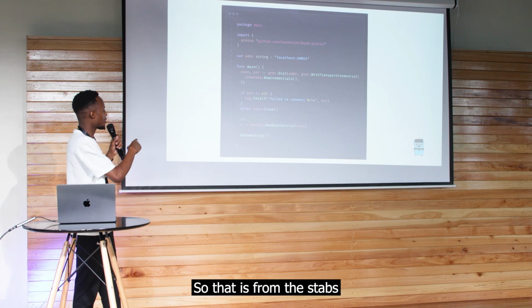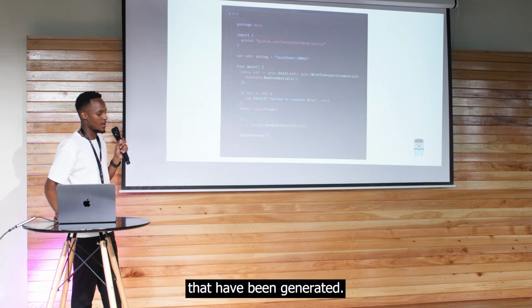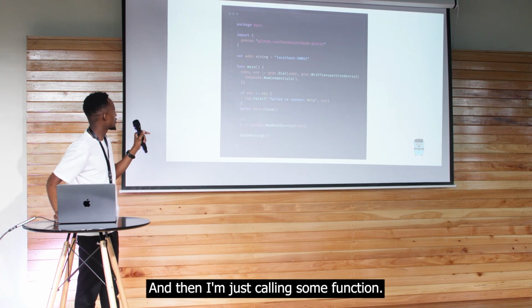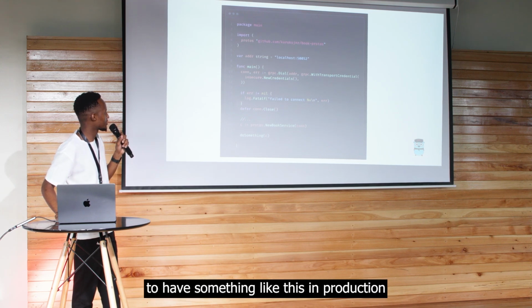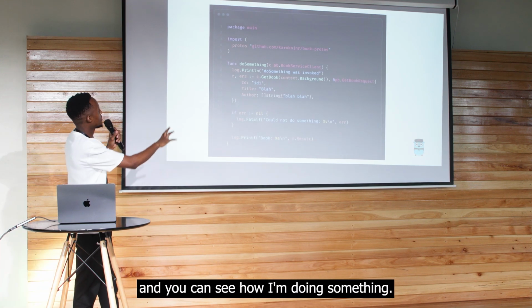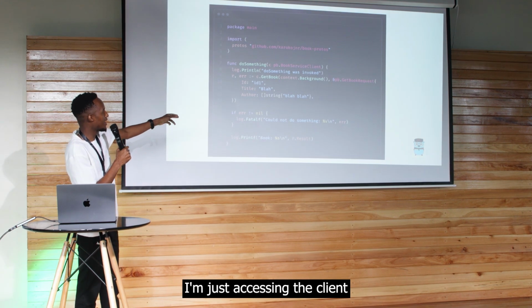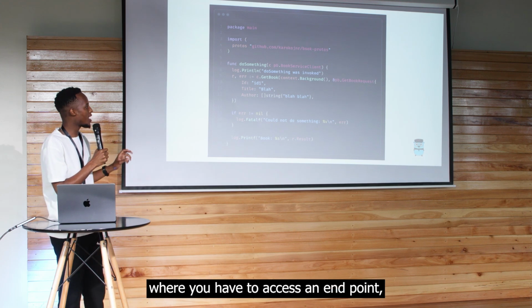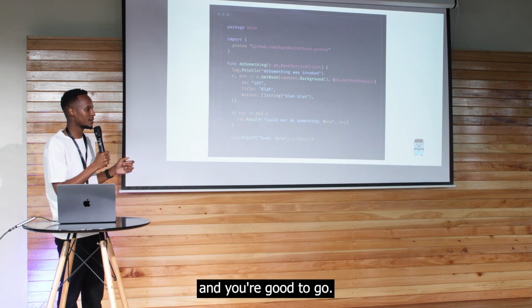That is from the stubs that have been generated. We're going to see that more shortly. And then I'm just calling some function. This is just an example. Of course, it's not practical to have something like this in production. I'm just accessing the client and invoking a function. So unlike in REST where you have to access an endpoint, you just invoke a function, and you're good to go.